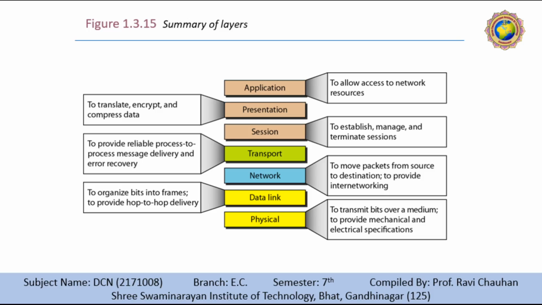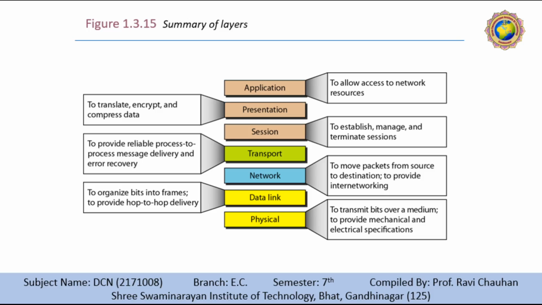As per our conventional method, we start with the lowest layer, then go upward up to the top layer. So physical layer, it is used to transmit bits over a medium. It provides mechanical and electrical specification.